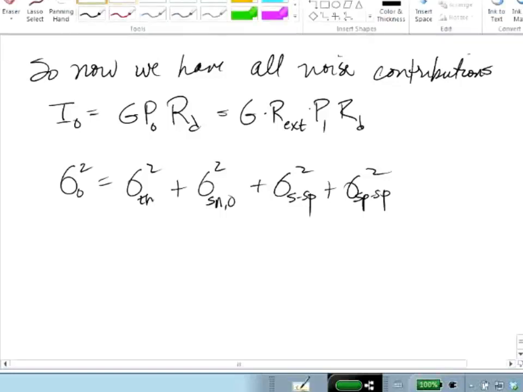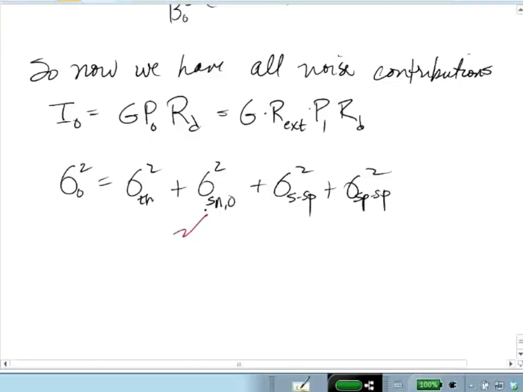And recall, be careful: the shot noise is calculated for power in of G on P0 plus P ASE. So the ASE power will also increase.